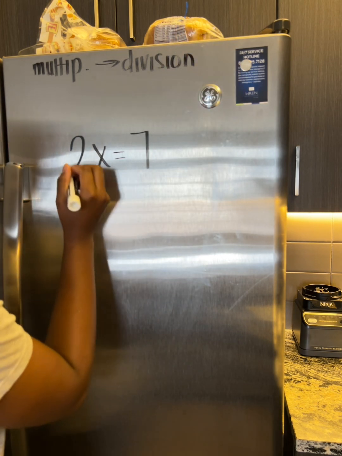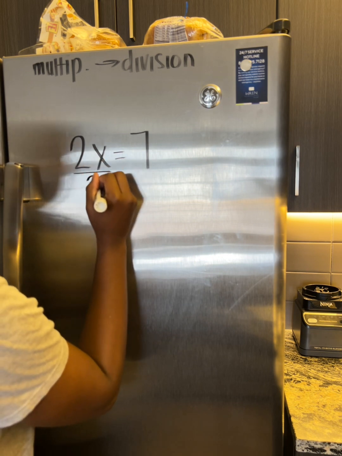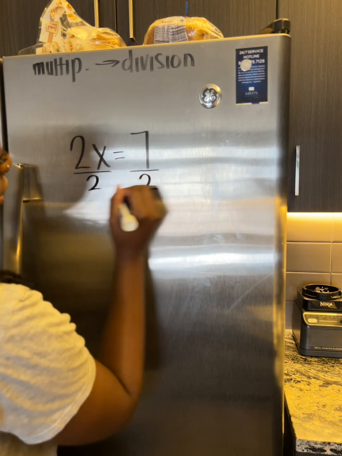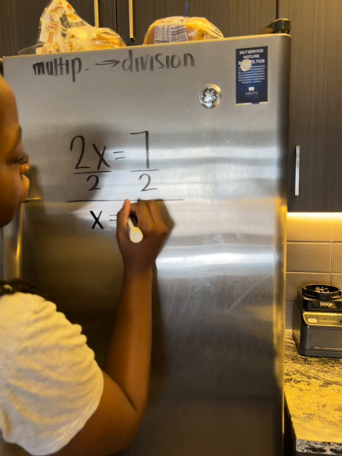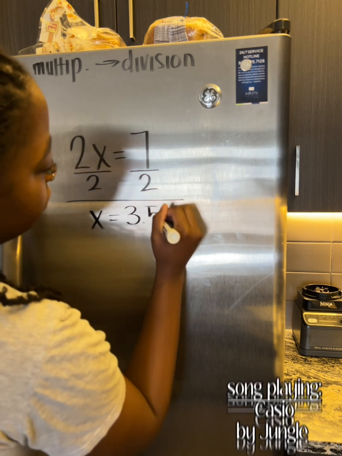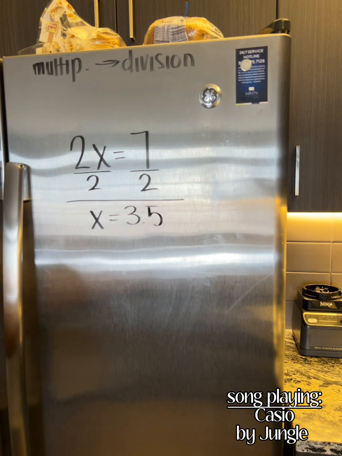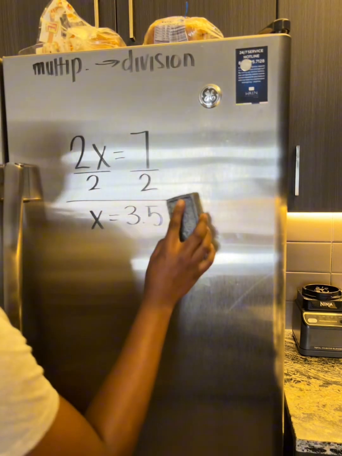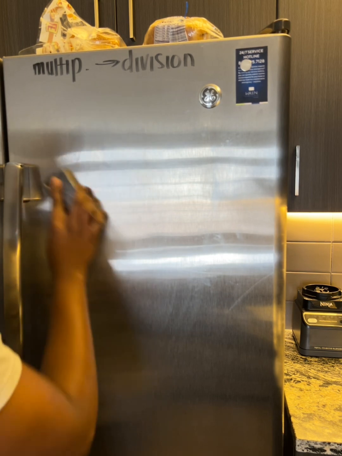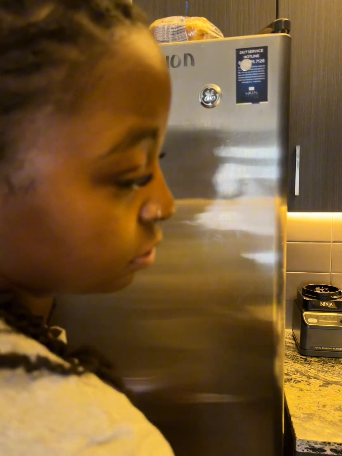So I'm gonna divide both sides by 2 so I can get x by itself. And that leaves me with x equals 3.5. And there we go. That is how we solve a 1-step multiplication equation. That's simple. The goal is to always get the variable by itself.